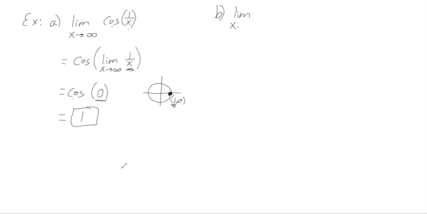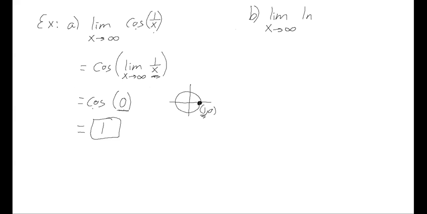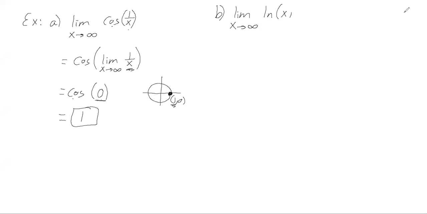Part B: limit as x approaches infinity of natural log of x plus 1 over x. Let me see, it's giving me a little trouble to write things since the board moves.